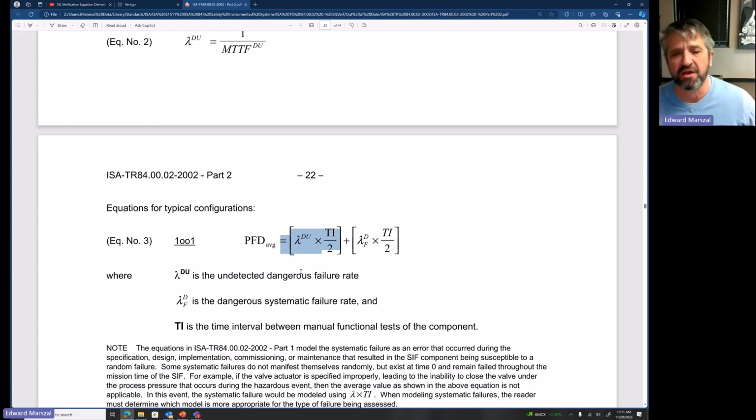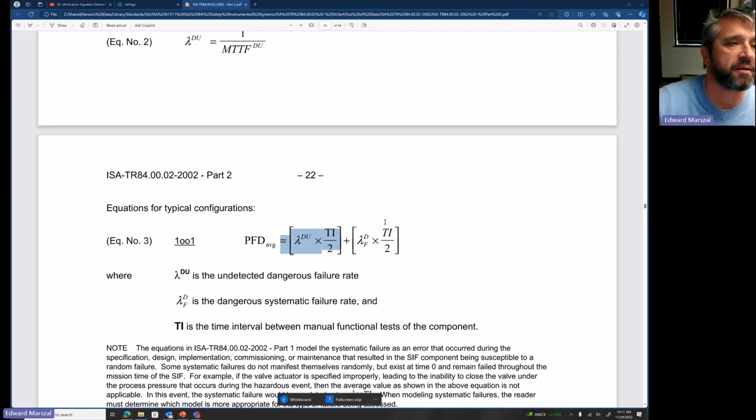I'll get into that. It's assuming that you're never bypassing the system while the plant's online and running to perform a test. Well, common cause doesn't come into play until we have redundancy, and a 1-out-of-1 voting arrangement does not have redundancy.